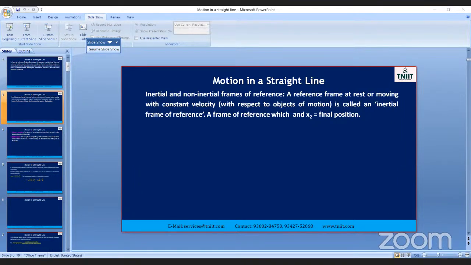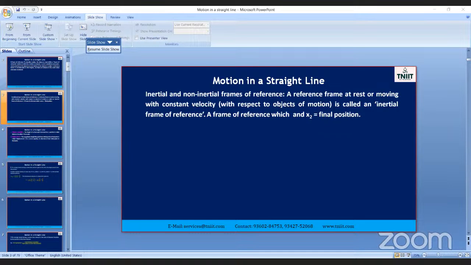So what is the distance? 20 meter. Now, whenever this particle is moving from A to B in this path, it has to take certain time, isn't it? Let us say it has taken a time of 10 seconds. So for 10 seconds, the distance covered is 20 meter.